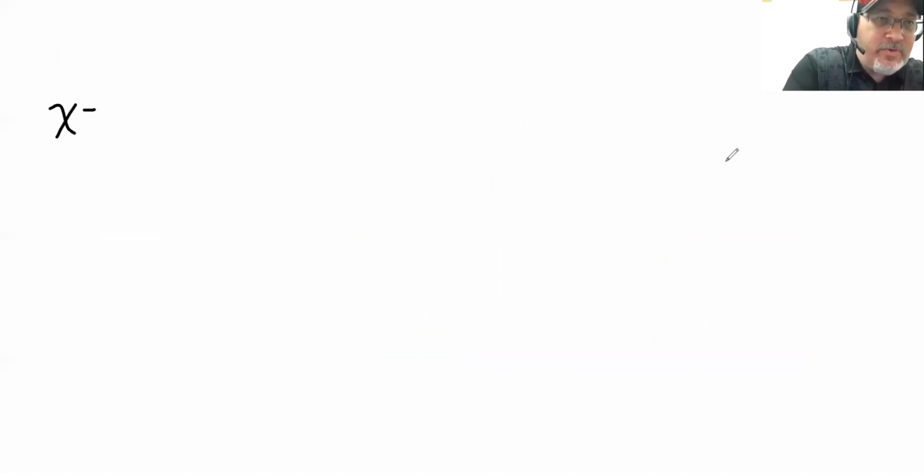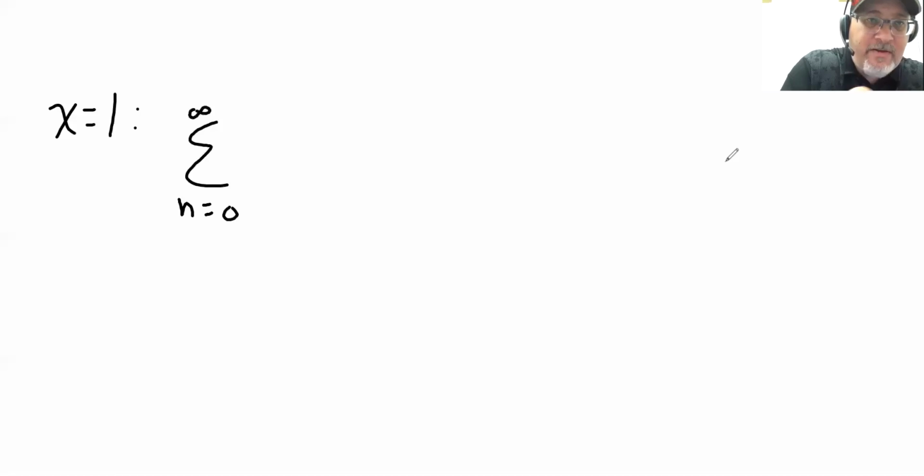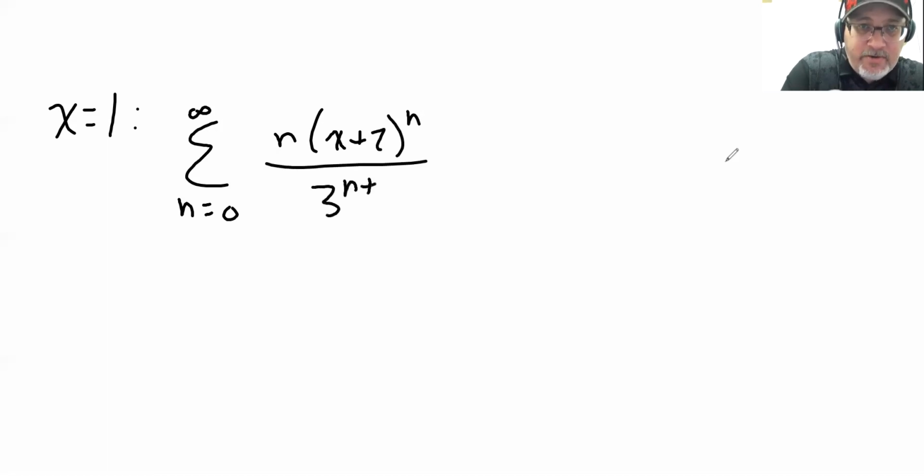Let's check x equals 1, going back to our original series, which was the sum n equals 0 to infinity of n times (x plus 2) to the n over 3 to the n plus 1. But we're letting x equal 1, so we'll put a 1 where the x was.